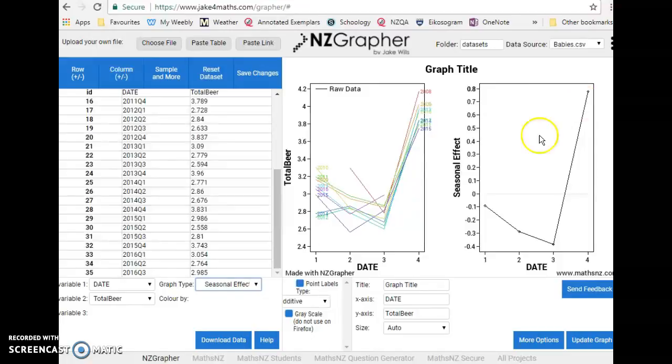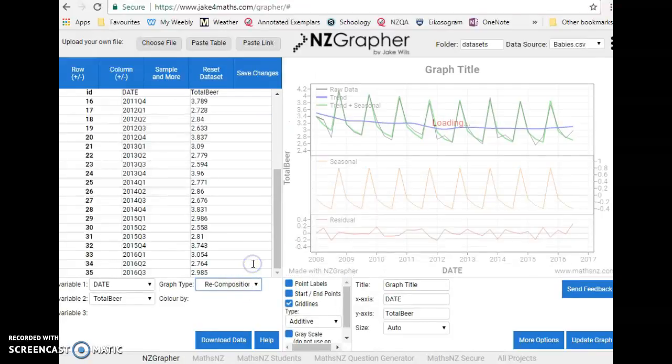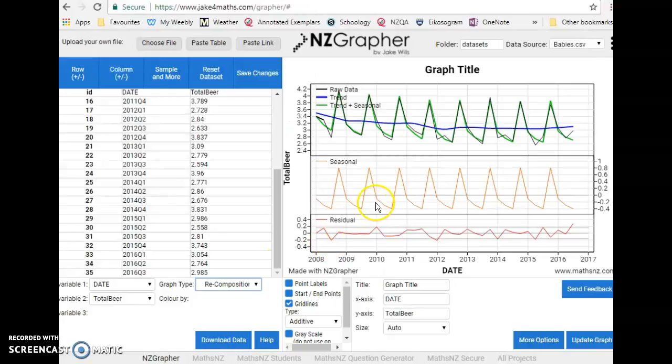Can you remember those numbers? 0.1, 0.3, 0.4, 0.8. Now, if you can see where my mouse is here, that's 0.1, that's 0.3, that's 0.4, and that's 0.8, if you look at that scale there.